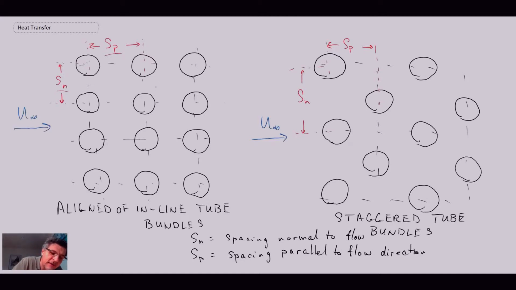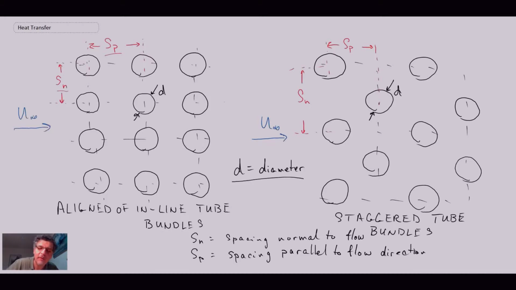And in all of these diagrams, we're assuming that the diameter of each tube in the tube bundle is D. So D equals diameter.